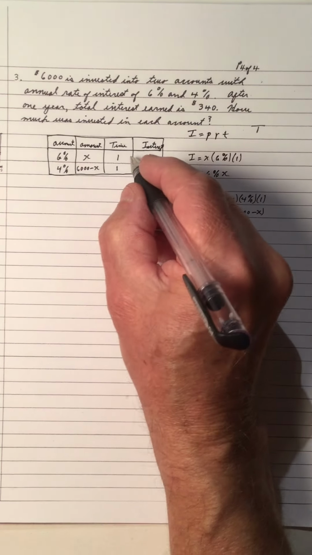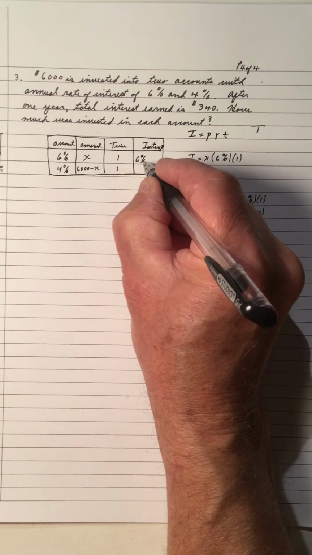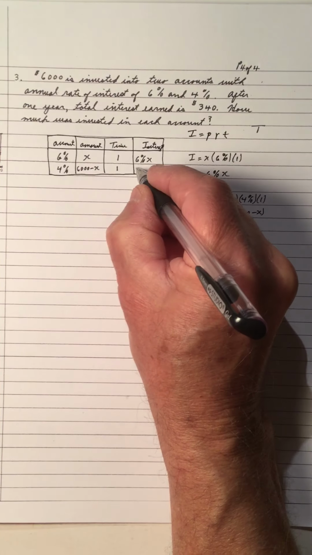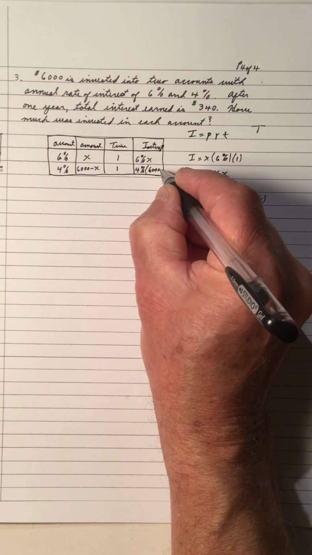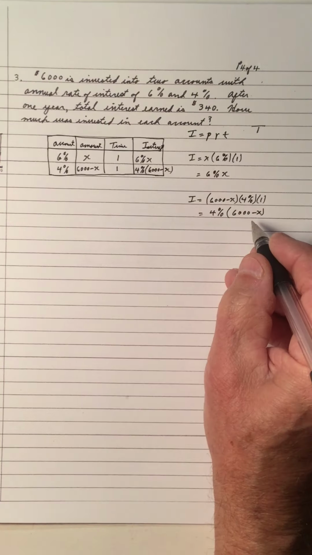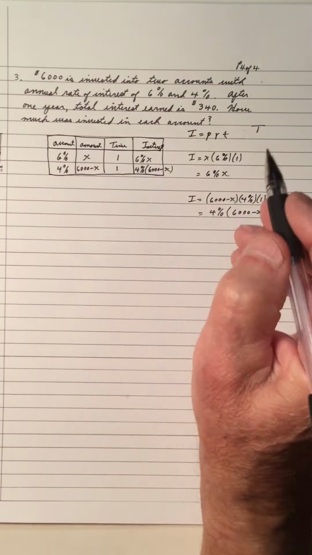And so we'll put this in here as 6% x. And this one is 4% times 6,000 minus x. And so the total interest is 340.